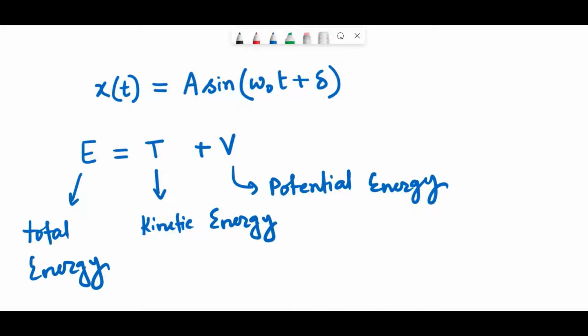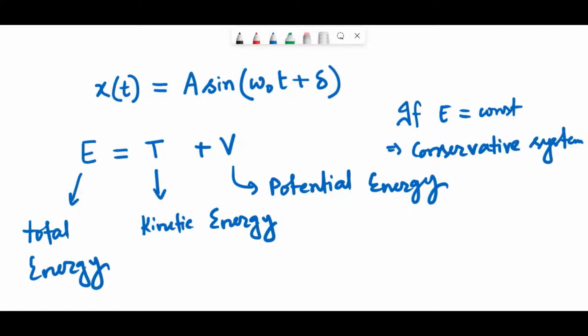And we'd like to find the total amount of energy that's stored in a simple harmonic oscillator. In general, energy can be a function of time, but if it is conserved in time, it will be a constant with respect to time. That means with time, it doesn't change. So if E is constant, we do have a conservative system, alright? So that's what we are supposed to do.